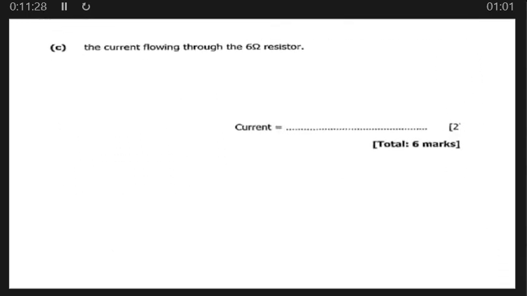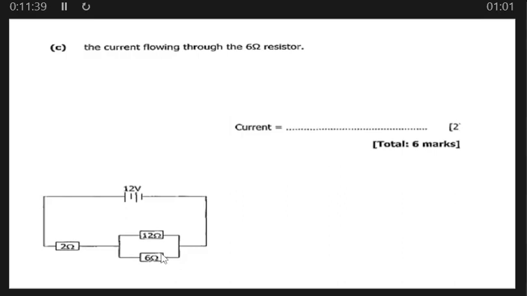So the next question, which is C, is asking us to calculate the current flowing through the 6 ohm resistor. So this is the 6 ohm resistor here. So they want us the current flowing here. So when the current that we have calculated previously, which is actually 2 amps, comes like that, it passes through the 2 ohm resistor, and when it reaches a junction here, some current passes through the 12 ohm resistor and some current passes through the 6 ohm resistor, and when they come here they add and go back like that in a loop.